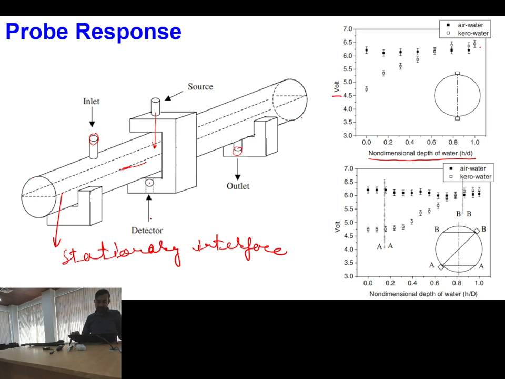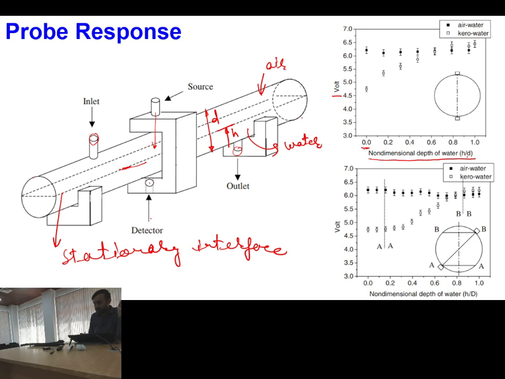What is the meaning of air-water? It means the bottom phase is water, the top is air, and the height from this point to this point is h, and the total diameter of the pipe is d. So we look at different values of h by d.